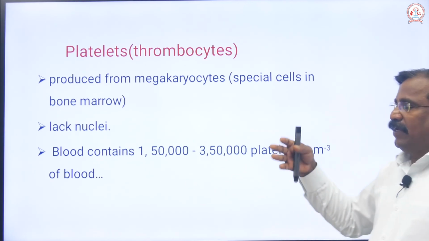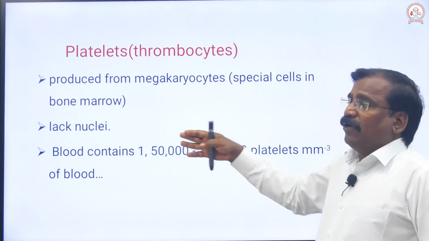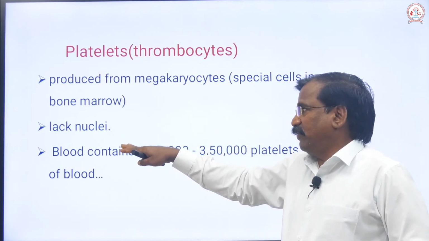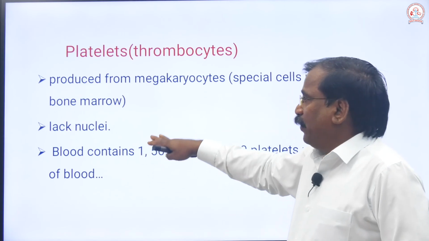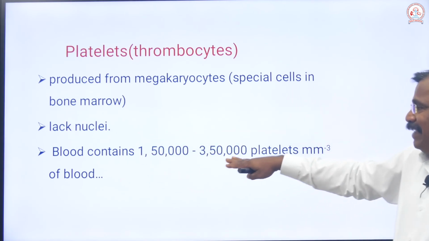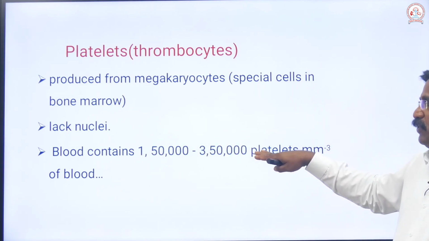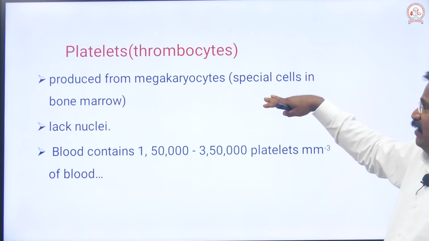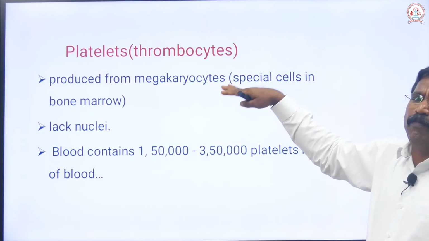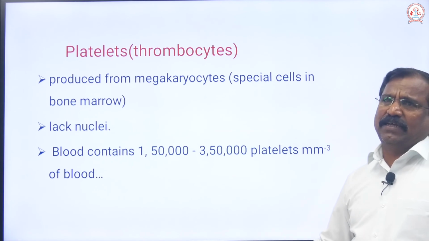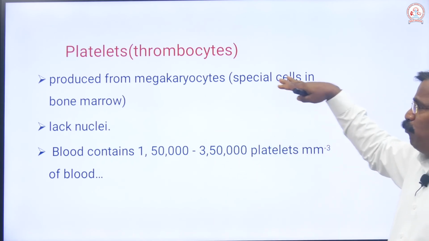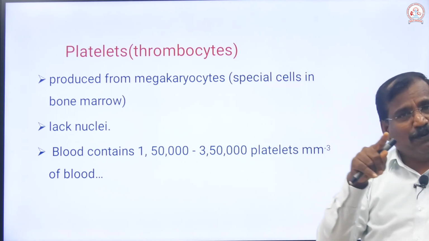It is like a plate and has no nucleus, a lack of nucleus. Nucleus absent, and that number is important for MCQ. And where is it produced? Very important, most frequently asked question. It is produced in the bone marrow, all the blood cells are produced in the bone marrow.